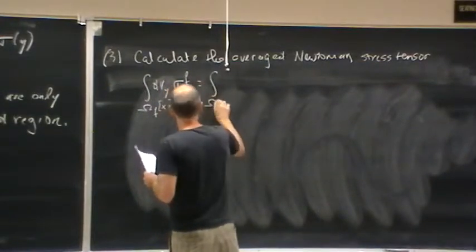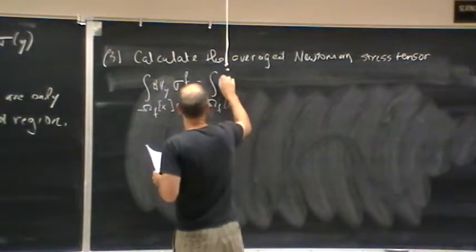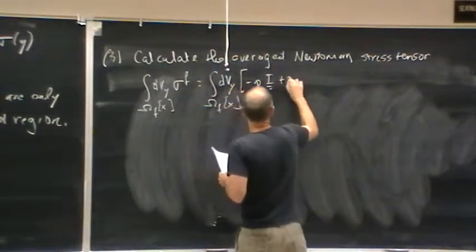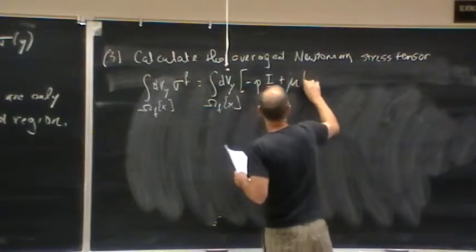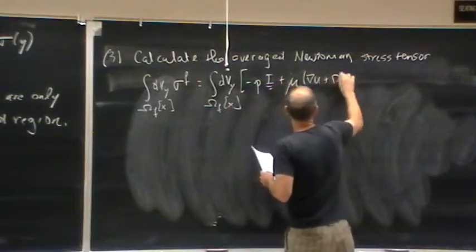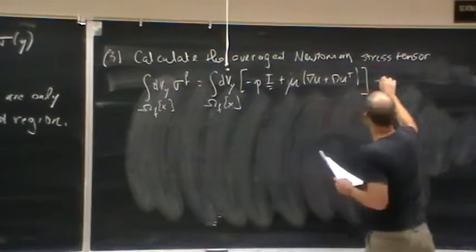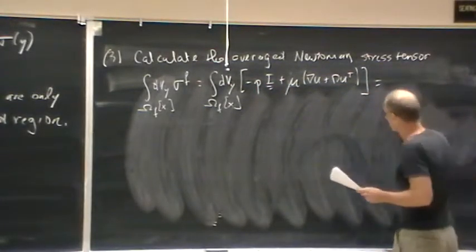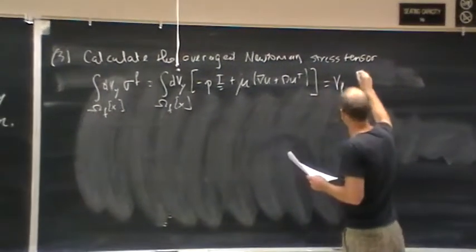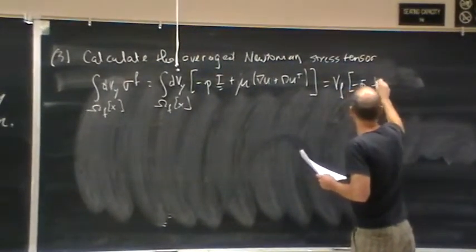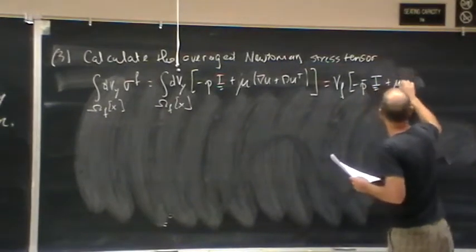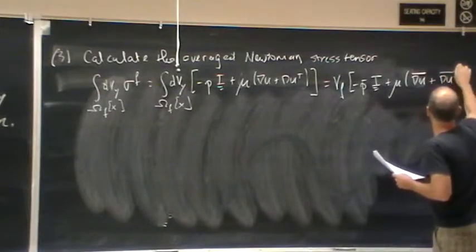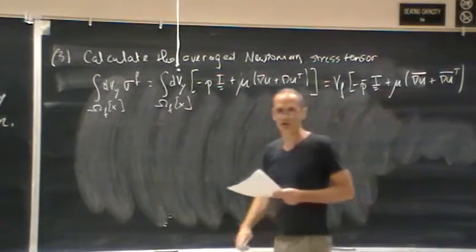Well, that's just the integral over omega f of x, dy, of minus p identity plus mu (grad u plus grad u transpose), which, by my definition of the fluid volume average, is Vf times minus P bar identity plus mu, grad U average plus grad U transpose average. Okay, that's just a definition there, nothing there.